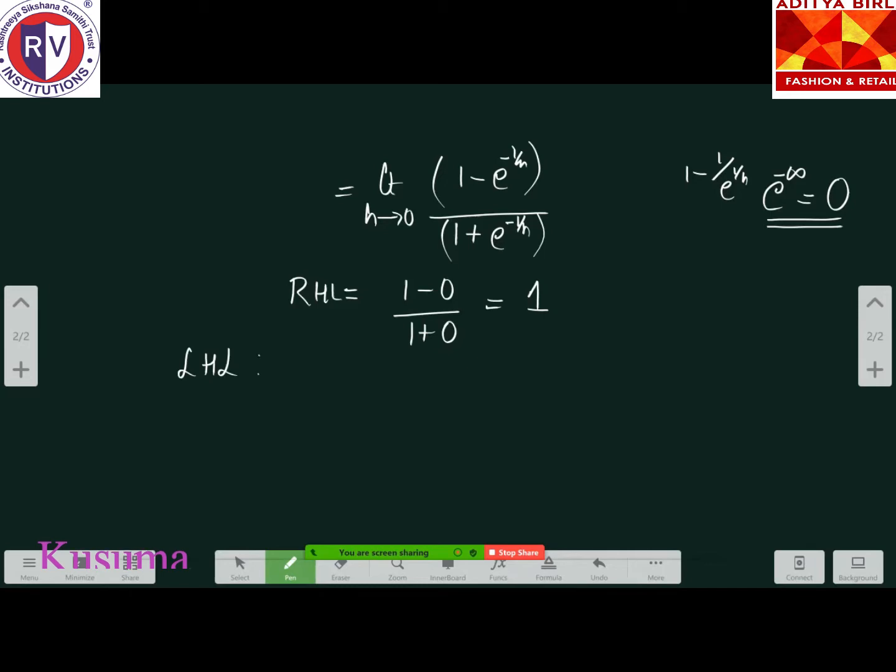So, LHL is limit as x tends to 0 minus of e to the power of 1 by x minus 1 divided by e to the power of 1 by x plus 1.